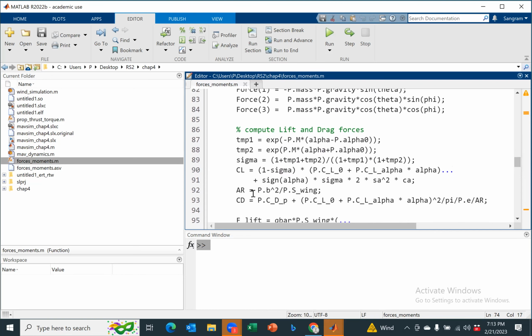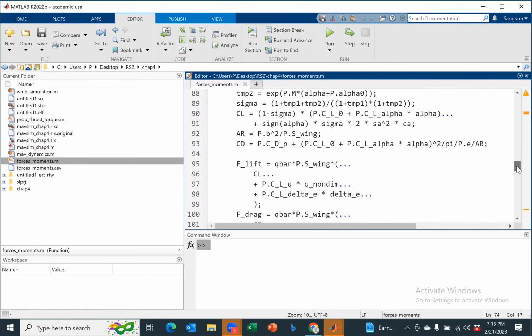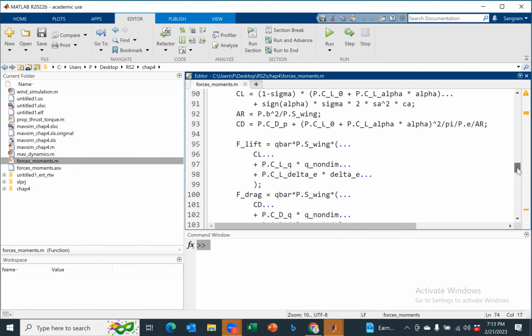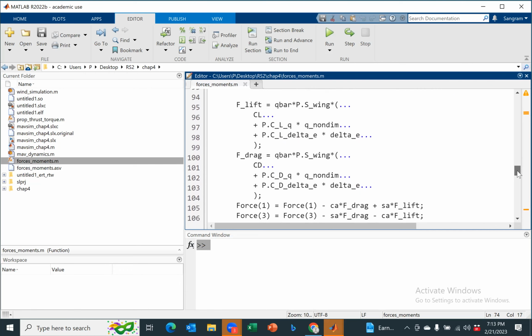AR is the aspect ratio, which again comes from P.S_wing and P.b squared, the width of the wing. And finally, you have P.C_D_p. These are the coefficients that are defined for the coefficient of drag. And then you find out the lift force. Then you find the drag force.